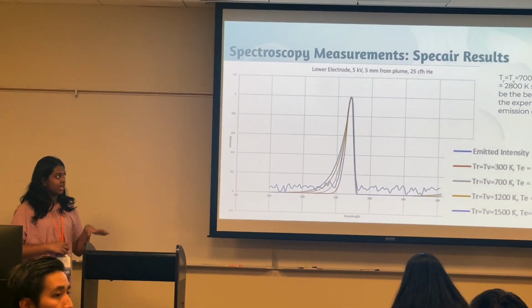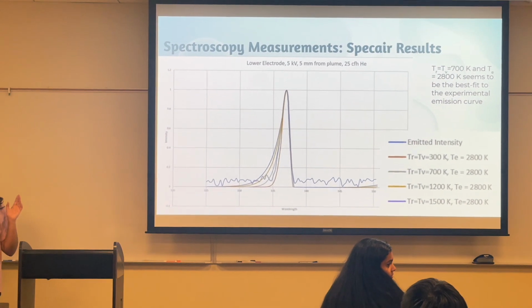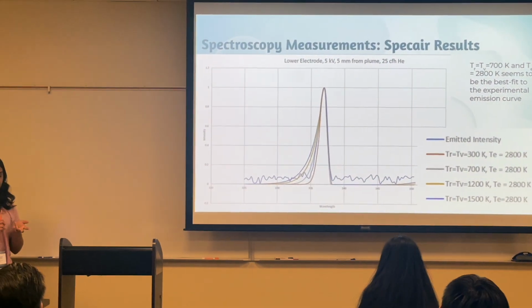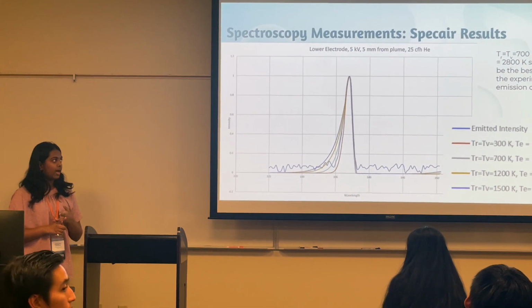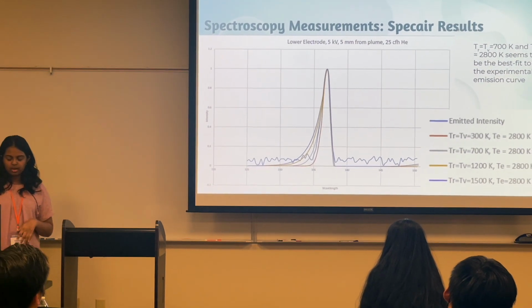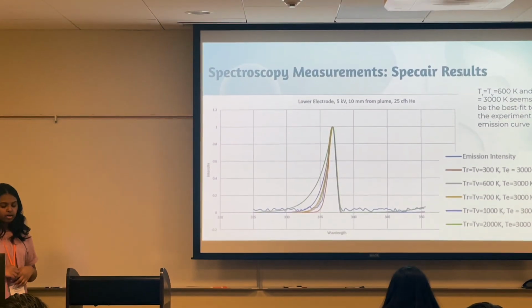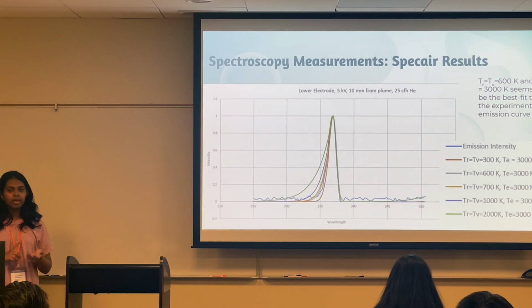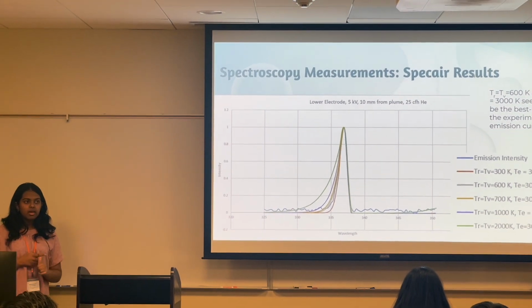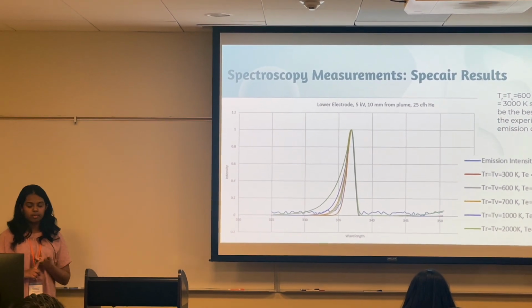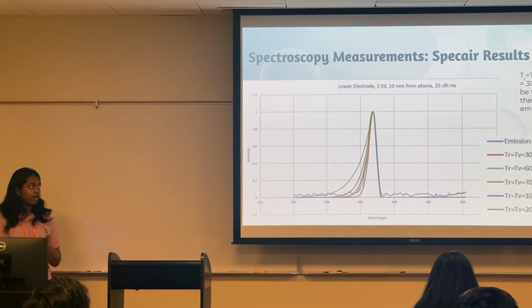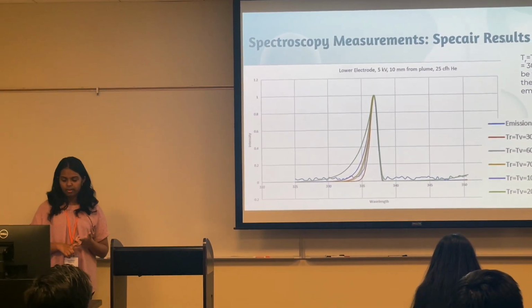Kelvin and 2800 Kelvin, 700 being for the rotational and vibrational temperatures, and 2800 being for the excitational temperature, was the best fit for our curve. For the lower electrode at 10 millimeters from the plasma jet exit, we found that 600 Kelvin for the rotational and vibrational temperatures, and 3000 for the excitational temperatures was the best fit for our curve.